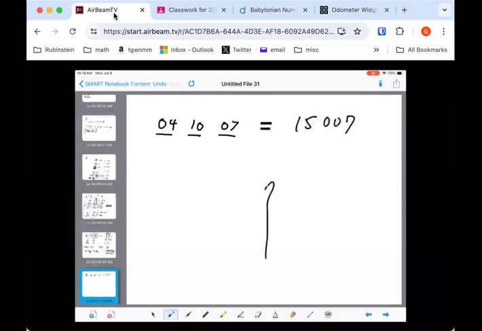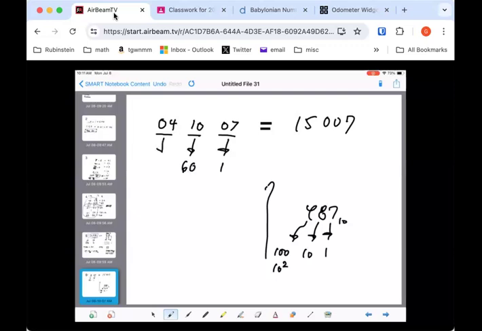Here's a number like 487 in base 10. In base 10, the 7 represents the ones place, the 8 represents the tens place, and the 4 represents the hundreds place, otherwise known as the 10 squareds place. Well, in base 60, the 7 still represents the ones place. But this second position is the 60s.